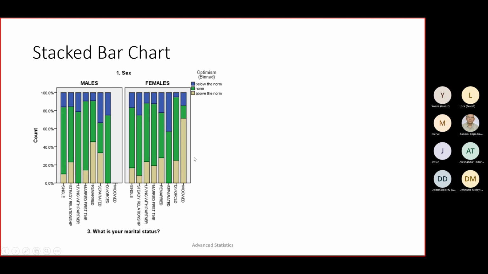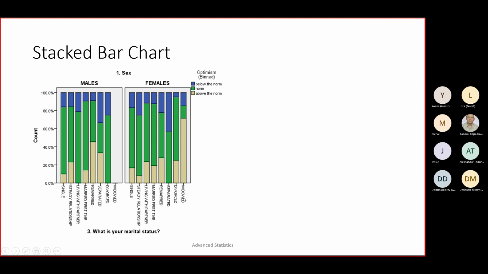And here we can see some differences. For example, in the group of males, there are no widowed. Only in the group of females are there widowed.